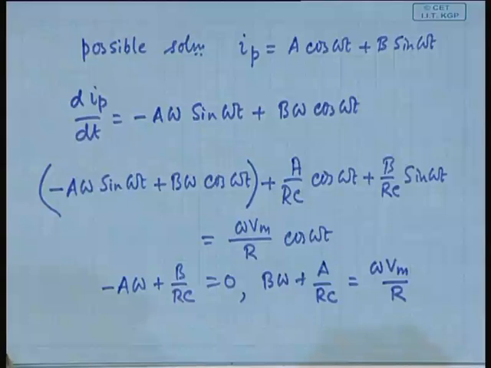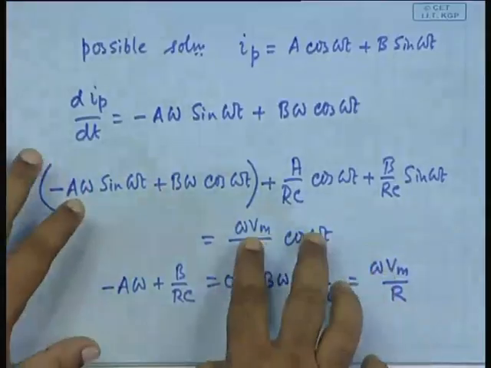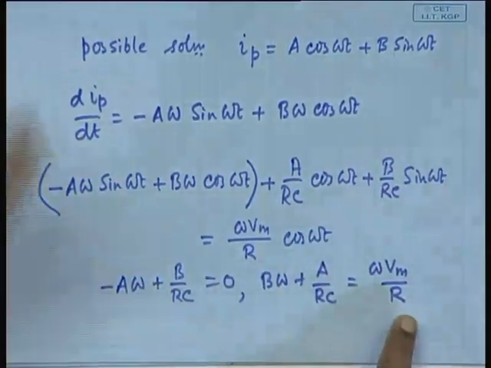But how can we write it this way? Cos omega t and sin omega t are not two independent terms, no? The point is that yes, they are independent terms, because they are 90 degrees out of phase. They are independent terms. That is why you can write it this way. This equation is possible only if this is true.